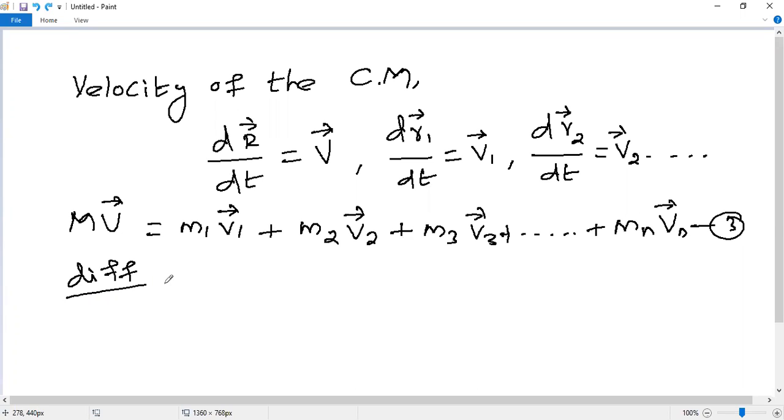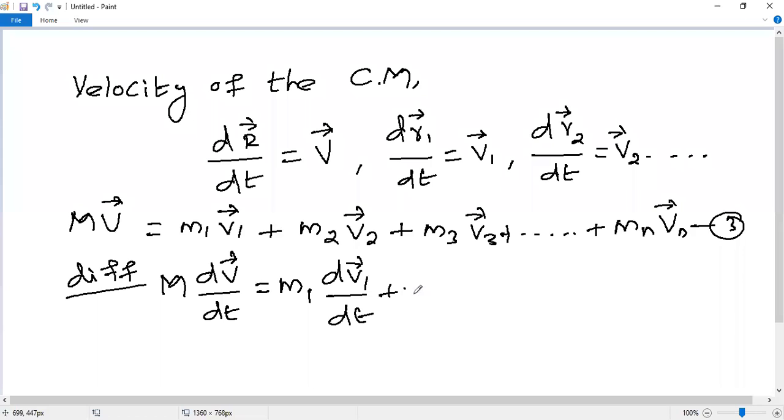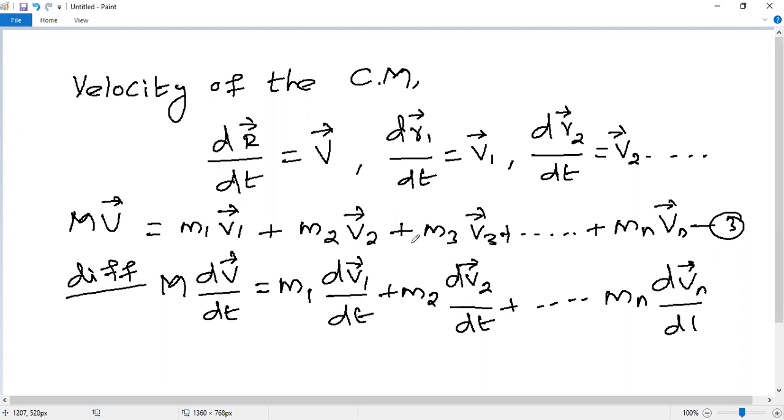Capital M dv vector divided by dt equals m1 dv1 vector divided by dt plus m2 dv2 divided by dt up to mn dvn vector divided by dt.